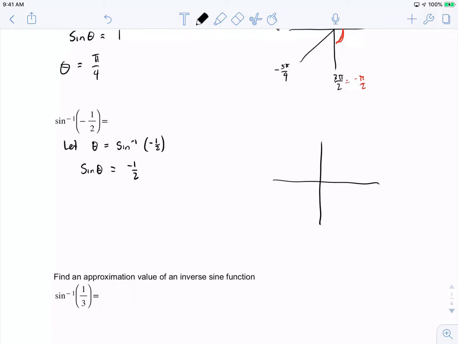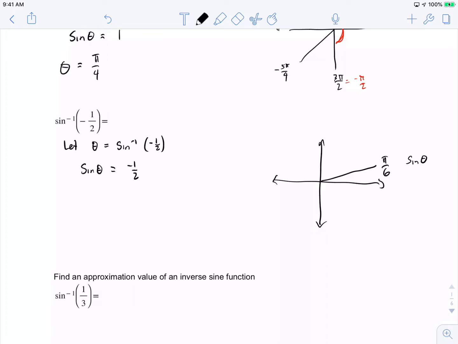Well, again, we're restricted to the first and fourth quadrant, and so we know that at pi over 6, sine is equal to 1/2.